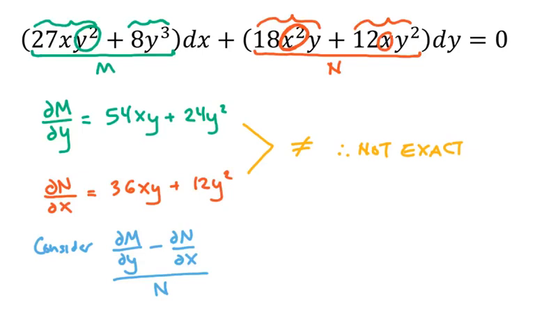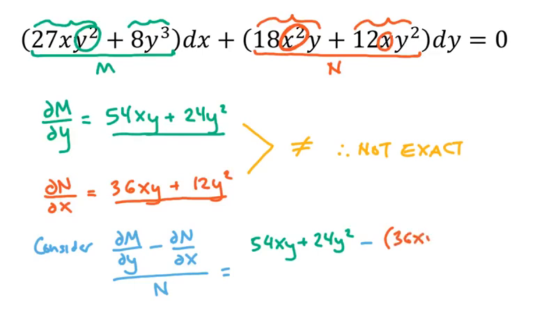So in our case, we already found dM/dy, that's all the part I have in green. So I'm going to plug in my 54xy plus 24y squared. From that I'll be subtracting dN/dx, which is this piece here in red. So I'll be subtracting 36xy plus 12y squared.